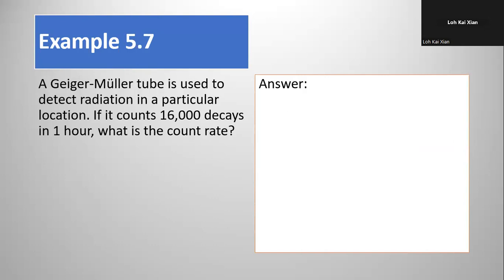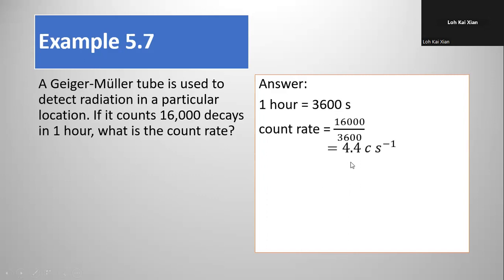Give me the count rate in seconds. 4.44 counts per second. Right? Convert your 1 hour to 3,600 seconds. So the count rate is 16,000 divided by 3,600, 4.4. Is that what you get? Yes. Okay, good.